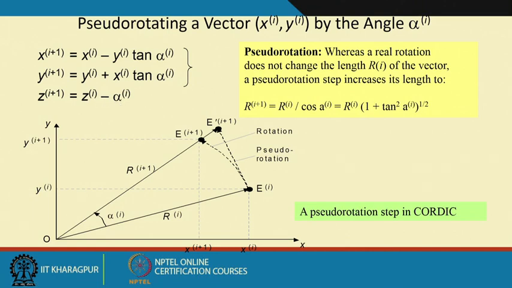So this particular z term is used for keeping track of how much of the desired rotation angle I have rotated.